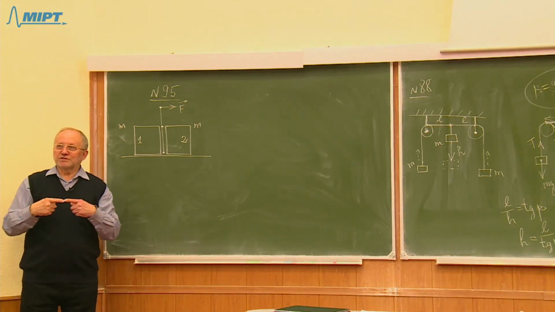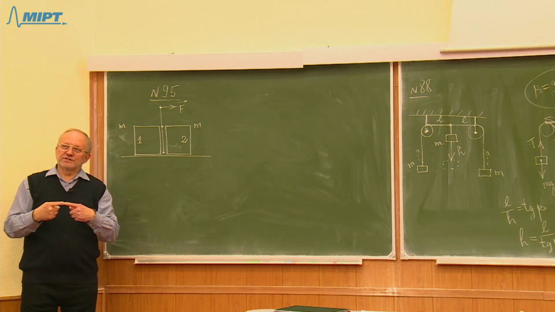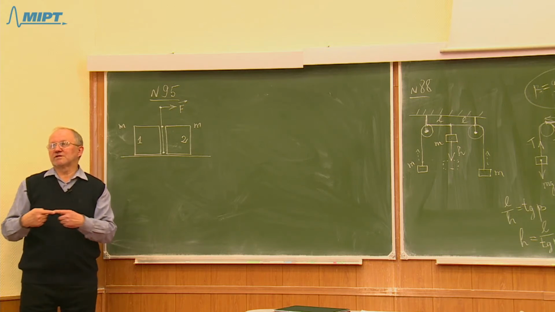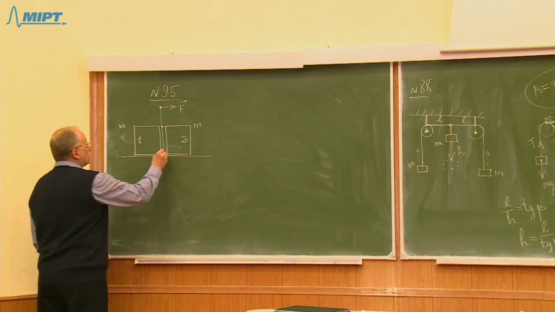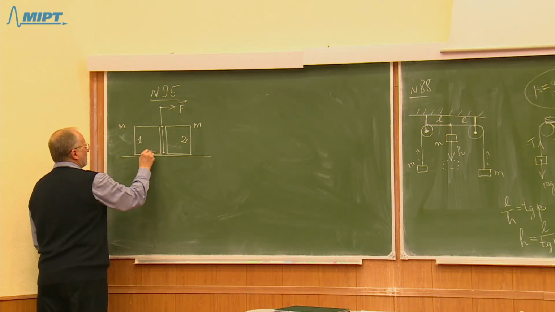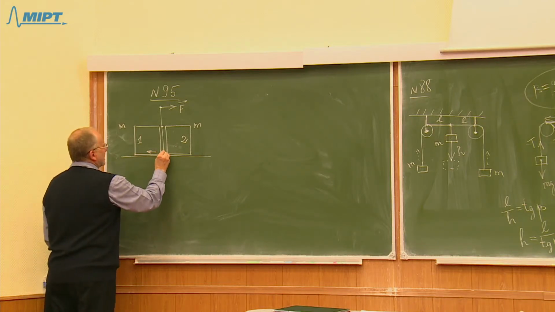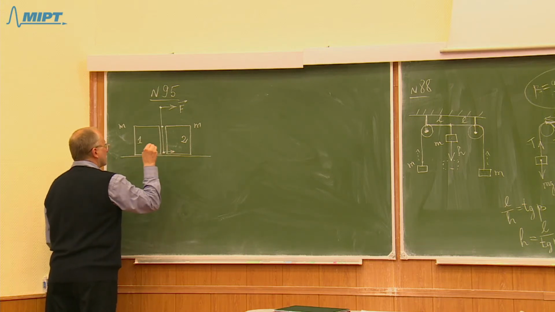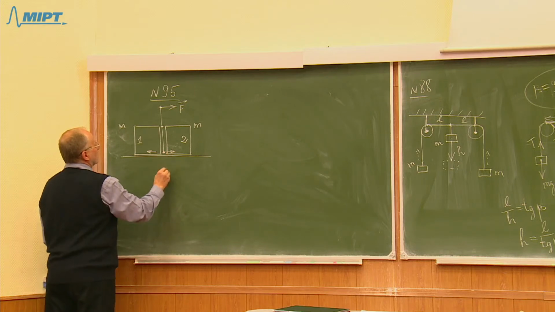When we have two forces of interaction, according to Newton's third law, these two forces are equal in magnitude and oppositely directed. So if the rod exerts some force on the block, then the same force, equal in magnitude and oppositely directed, is applied to the end of this rod.